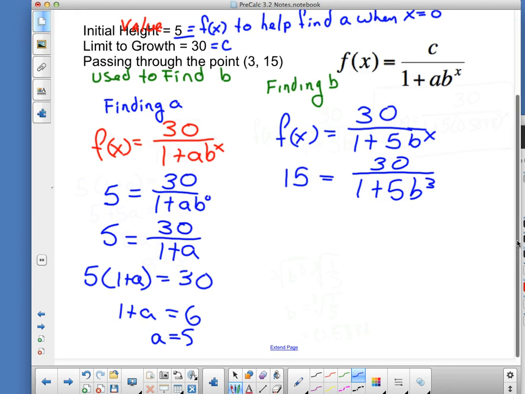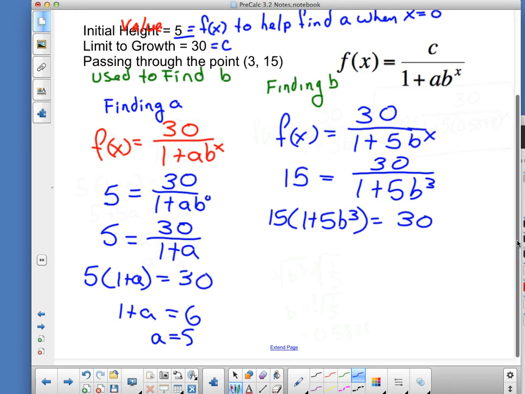Okay, where I put in the 3 for my x. I've got to find my b value. I'm going to work this to solve for b cubed. So I'm going to multiply both sides by 1 plus 5b cubed. So 15 times 1 plus 5b cubed equals 30. Now I'm going to make it easy on myself. I am not going to distribute the 15.